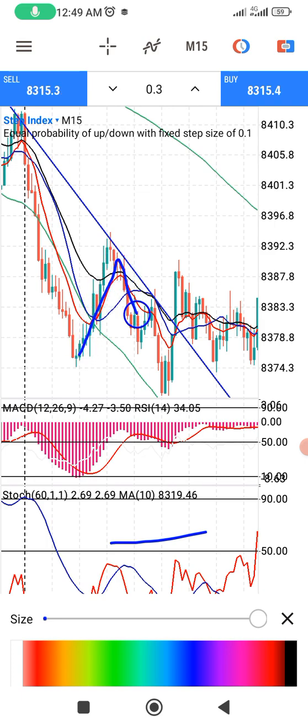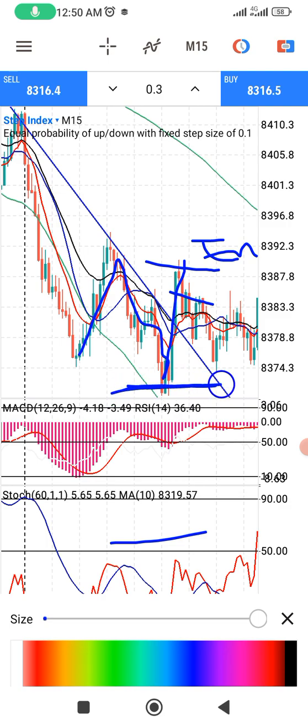Remember, price has been below the trend line, then suddenly the price broke the trend line here, and the price closes above our moving averages. So you make your entry there, and your stop loss is below this place.